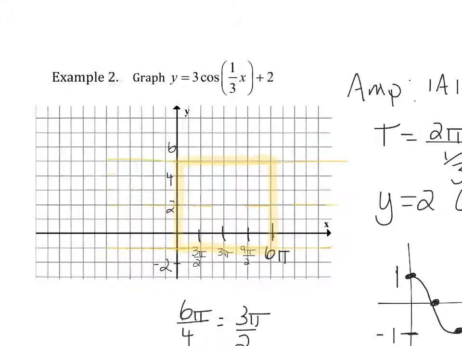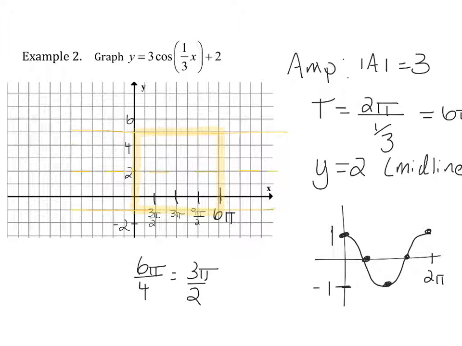So I look at my reference over here of what the parent function looks like. It starts at its maximum. Well, the new maximum is right here. And the new minimum is down here at -1. And then we've got our midline here at 2. Okay, so I'm going to start at my maximum.